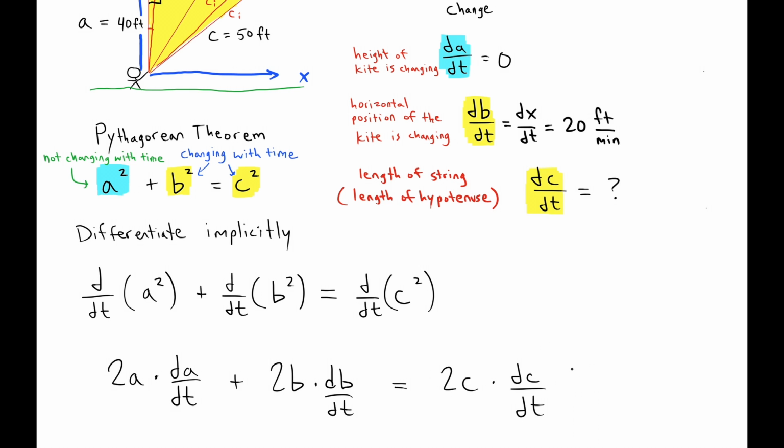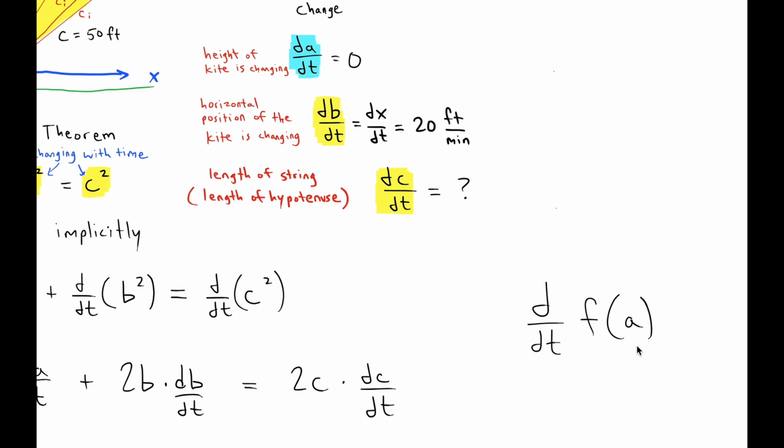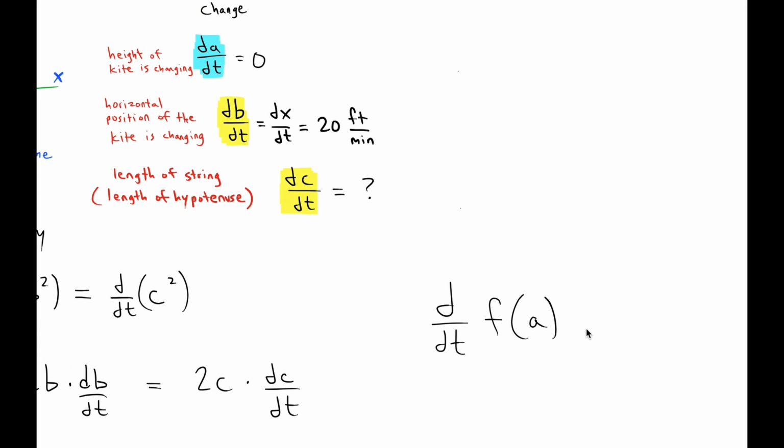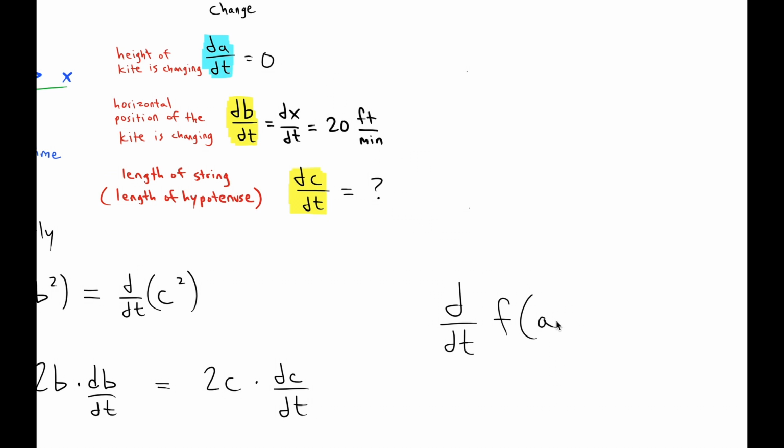The idea that I used here was that if you're taking a derivative with respect to one variable of a function of another variable, then according to the chain rule, I can do df over dA times dA over dt. Basically, we're saying that A itself is a function of time.